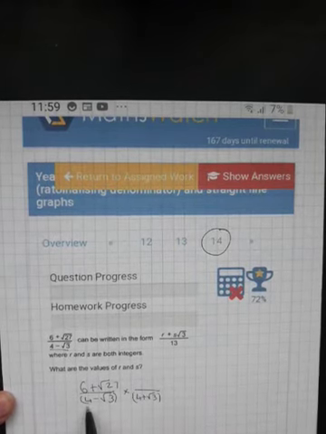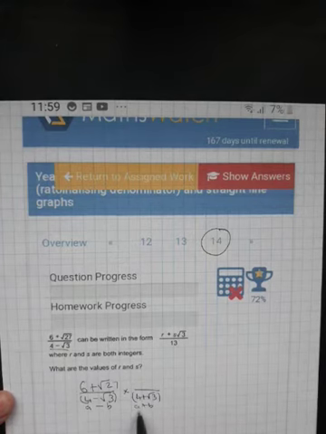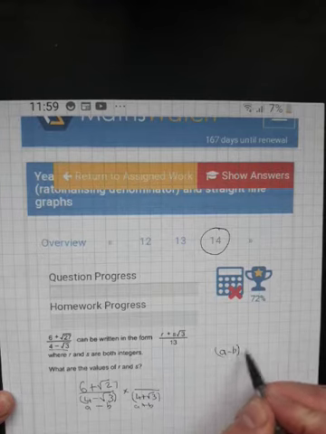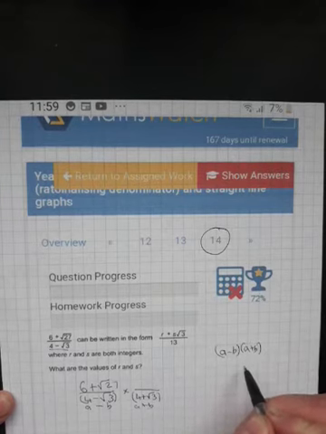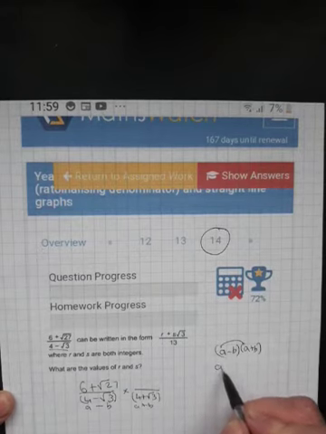If I call that a, and I call that b, root 3, I've got a minus b times a plus b. Let me show you what happens here. This will always be true. A times a is a squared.